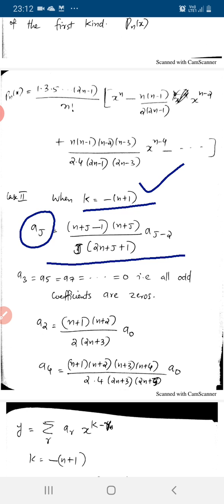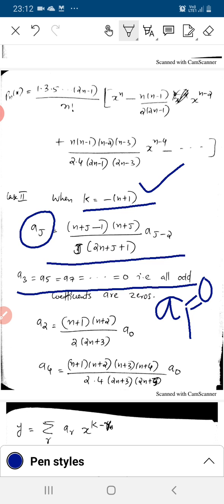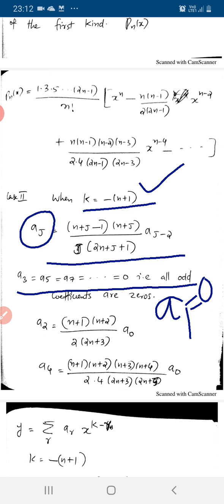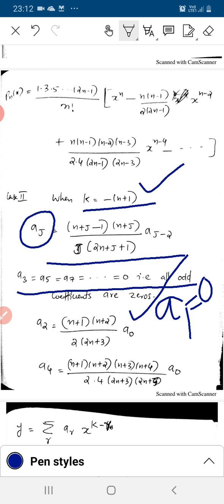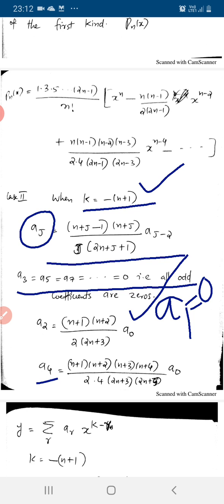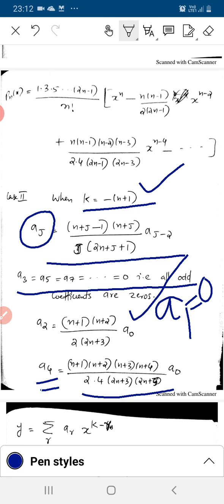Once again, a3, a5, a7 are all zeros because a1 is 0. And a2 is this in terms of a0, and a4 will be this in terms of a0, which you can find as we did in the previous case for k equal to n.